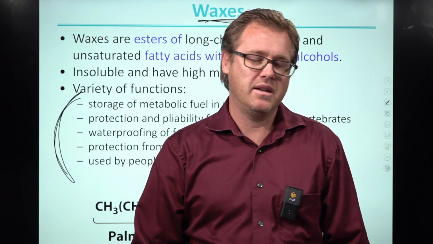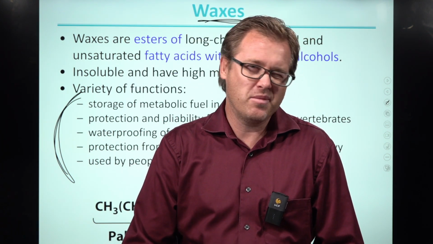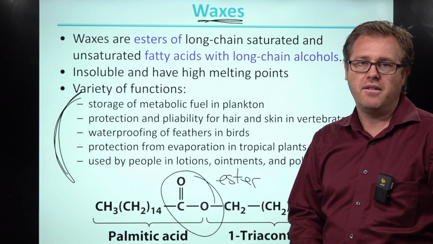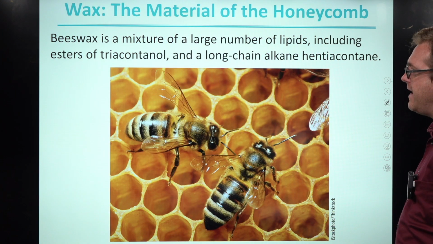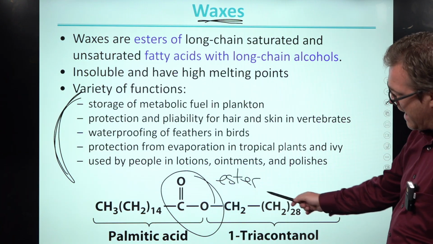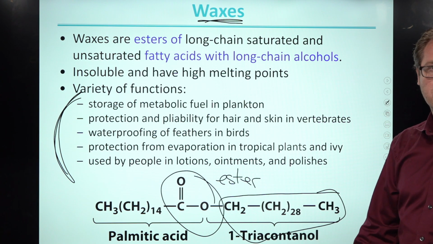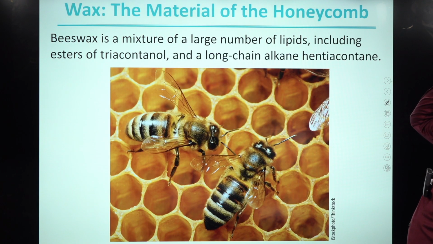It doesn't have much for biochemistry terms per se. I think it's just an interesting factoid. What is wax made out of? It's made out of the fatty acids, but tacking on a big chain on the other side of the ester. It's kind of cool.